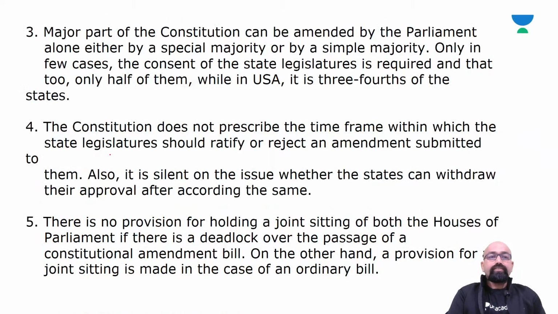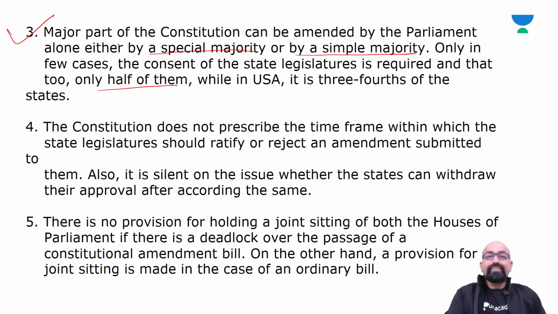Alright, next. A major part of the constitution can be amended by the parliament alone, either by a special majority or by a simple majority. Only in a few cases is the consent of the state legislatures required, and that too only half of them.